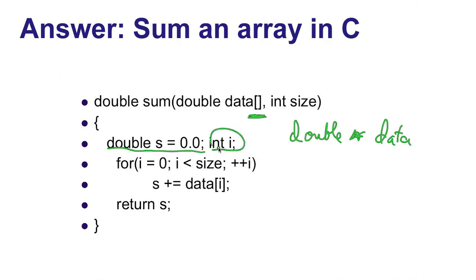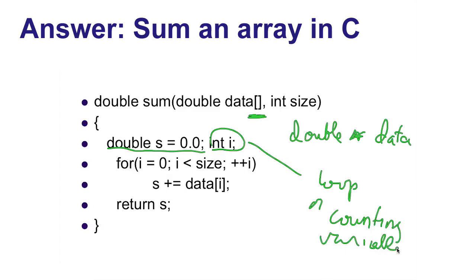This is going to be the loop variable. And again, this is just a very standard idiom for handling arrays. We have a size that gets passed in that tells us how many elements to sum.